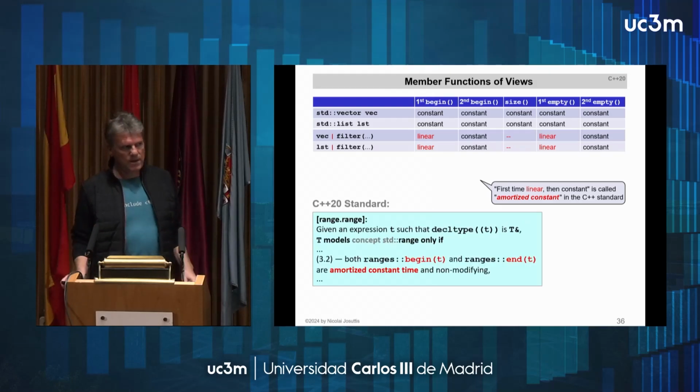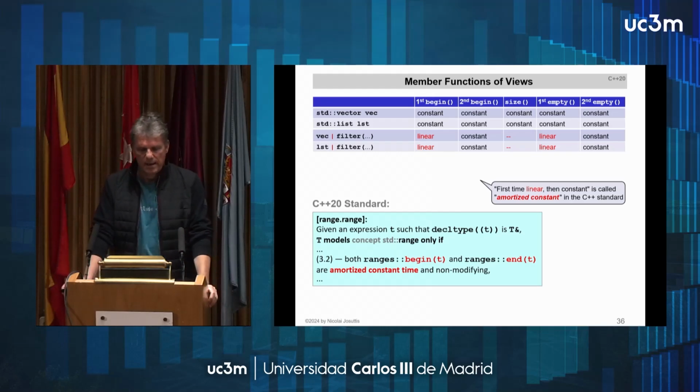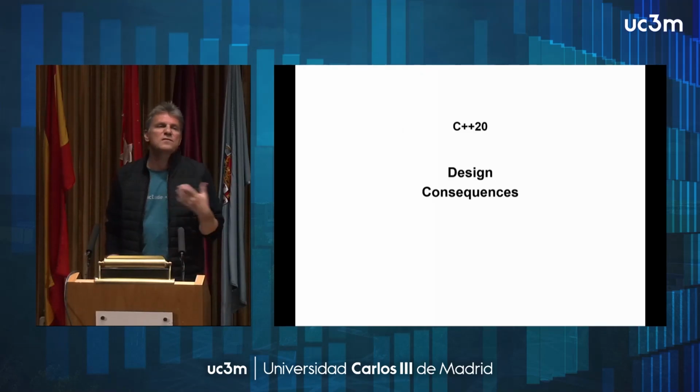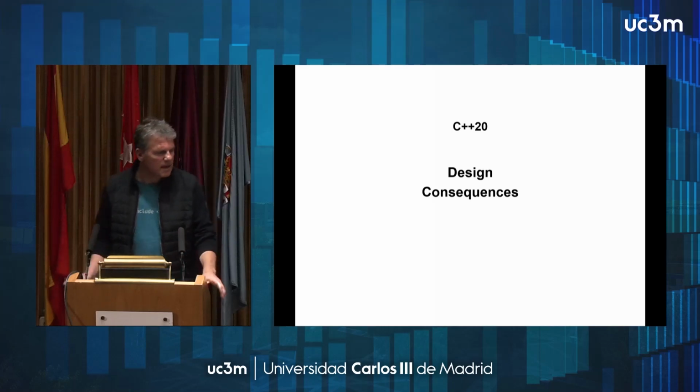And then in fact, we have a description saying what is the essential semantic and requirement of a range. And it says not begin and end is cheap. It says begin and end have amortized constant time. Good. That's the design. The design looks great.